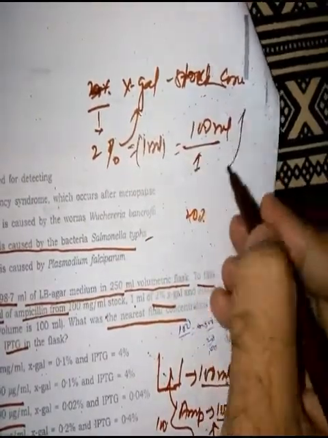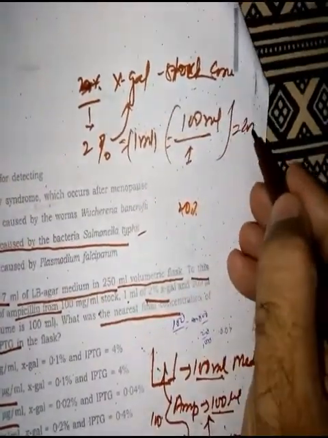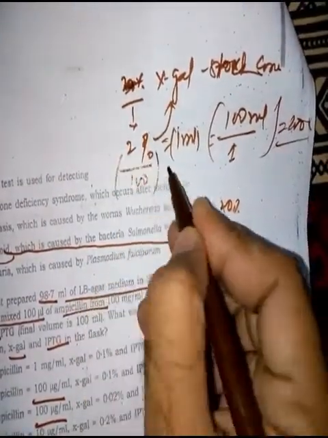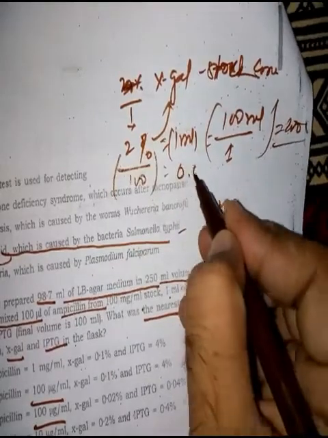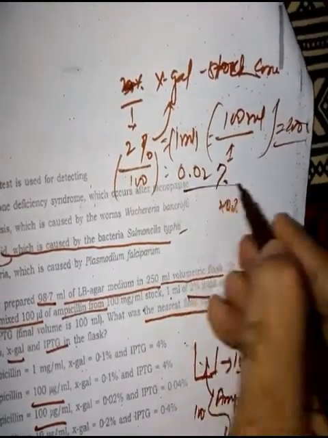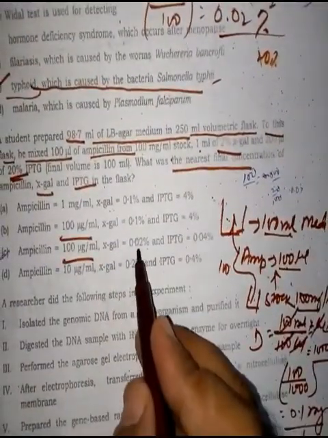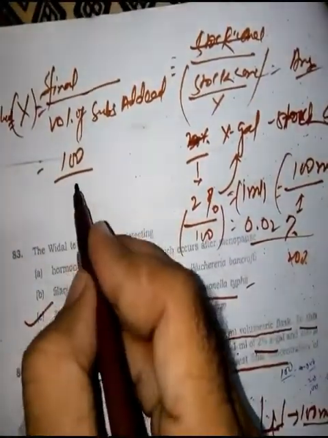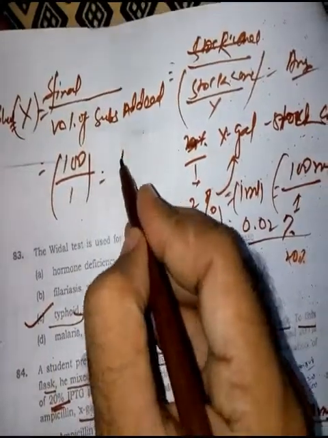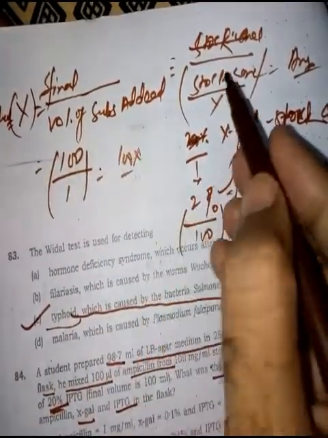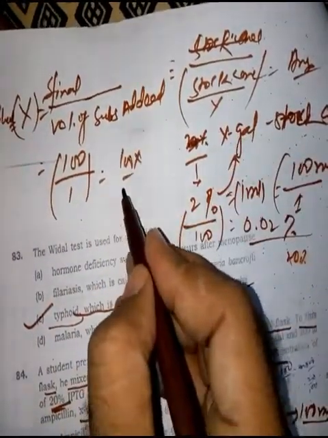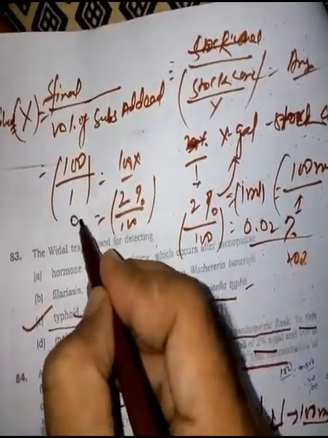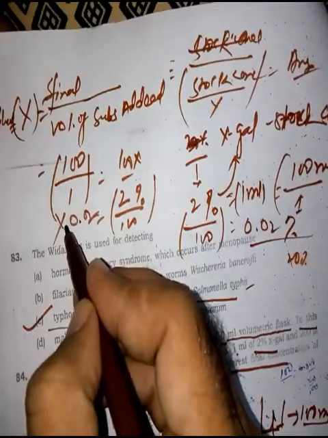If they are adding 1 ml, the dilution will be 100 times. So if we divide by 100, the final concentration will be 0.02%. 100 ml is the final volume of the flask, they are adding 1 ml, so 100x dilution. The stock concentration is 2% divided by 100, so this will be 0.02% of X-gal.